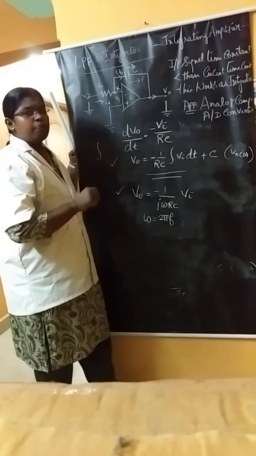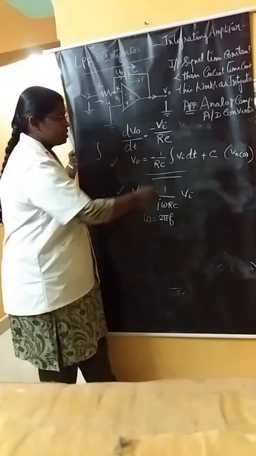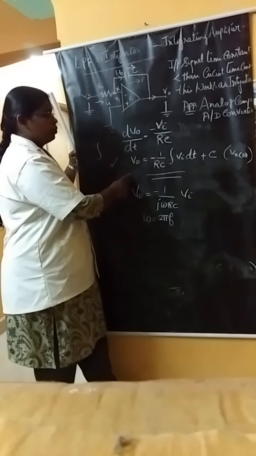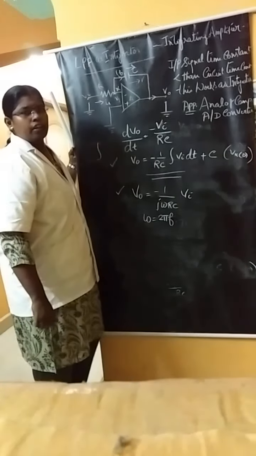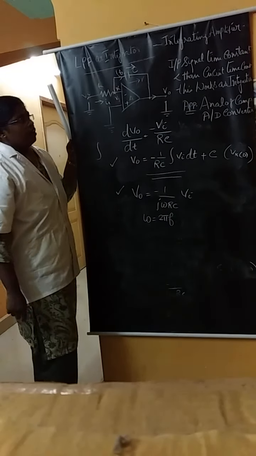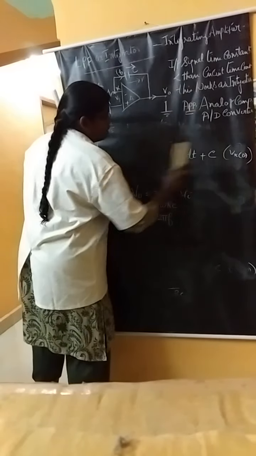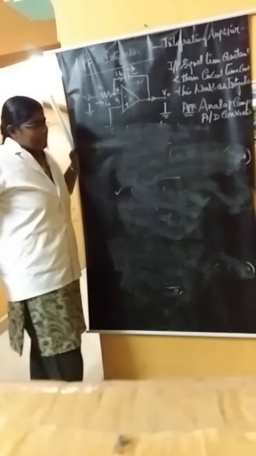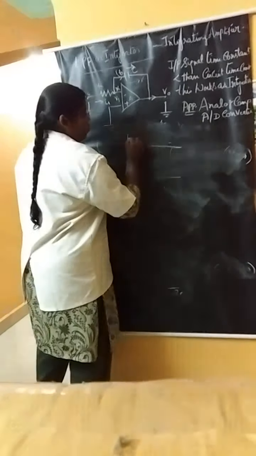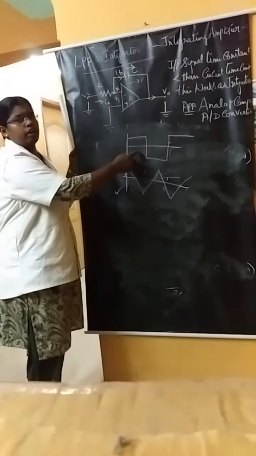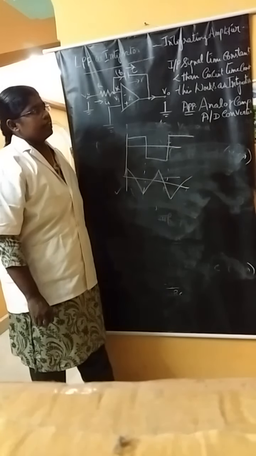When a step input is given, the output voltage V0 is proportional to the integral of the input. And when the input signal is a square wave, the output signal will be a triangular wave.